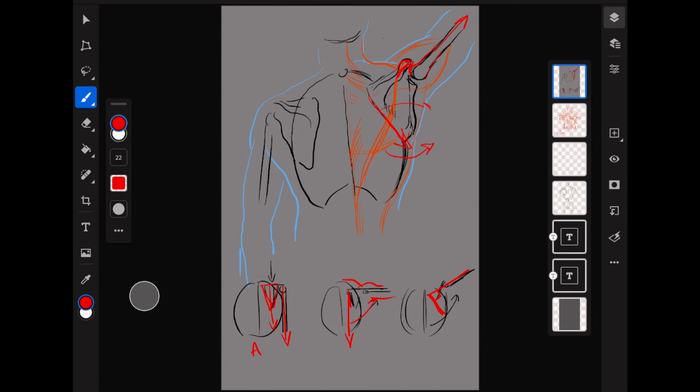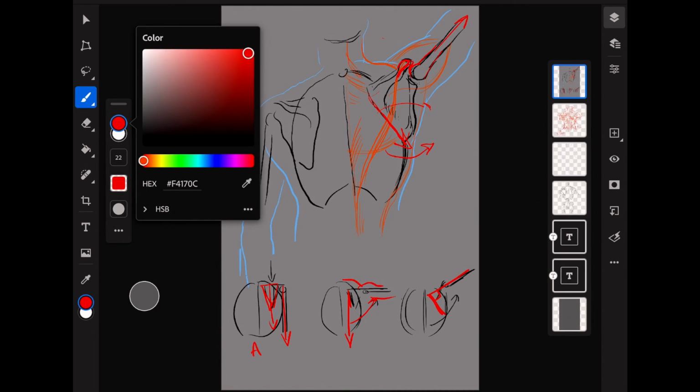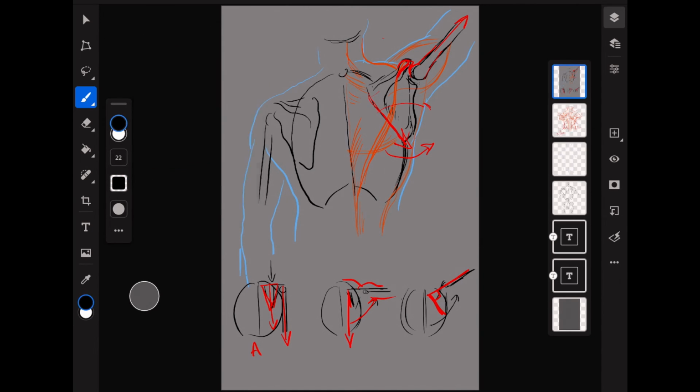So normally when I start my drawing, let's change color, I simplify the shape of the scapula and the shoulder by doing this. So this is my construction for the back. I draw a triangle, and then I draw a little egg shape attached to it like this. So if I draw a rib cage, I'm going to do this.